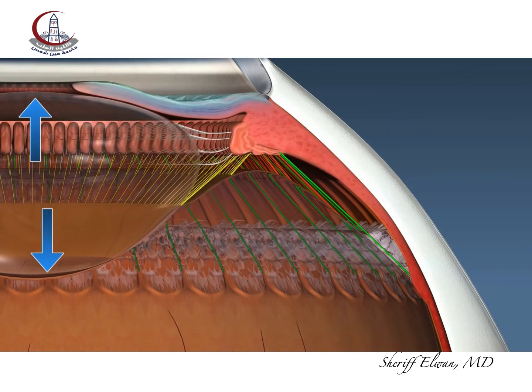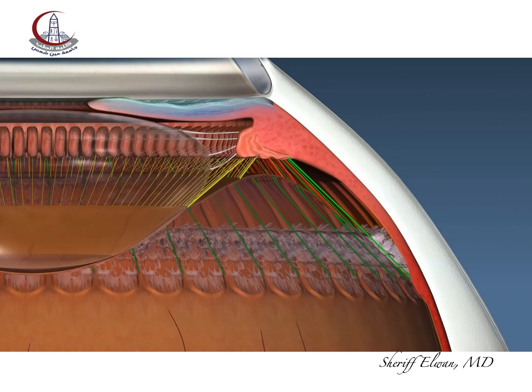So it's a reciprocal process between the anterior and posterior zonular fibers. The anterior zonular fibers become lax and the posterior ones become tense, and this leads to the complex process of increasing both the anterior and the posterior surface curvature of the crystalline lens.